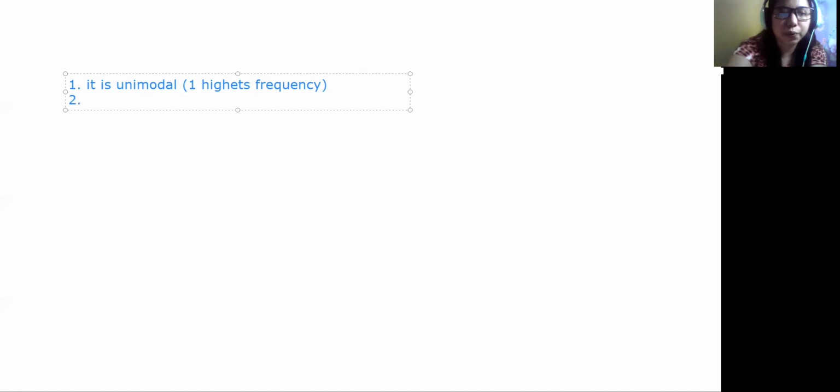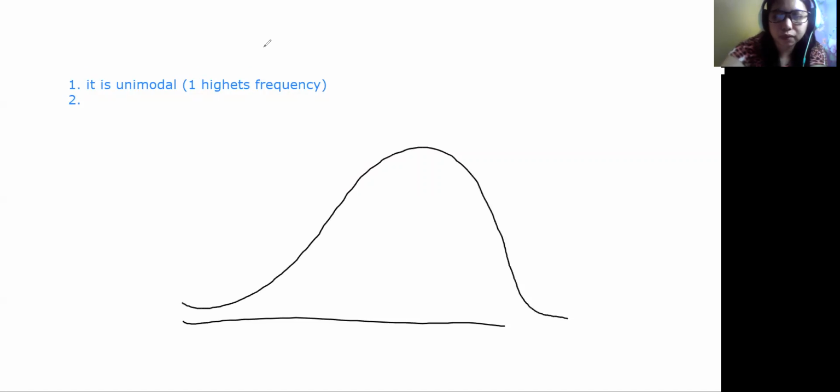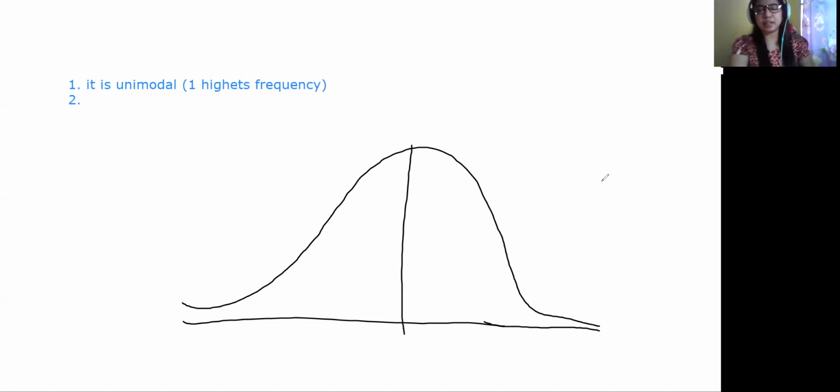Number 2. So let us draw a histogram here, or rather our normal curve instead. So assuming that this is our normal curve, as mentioned, the highest frequency is located at the center.